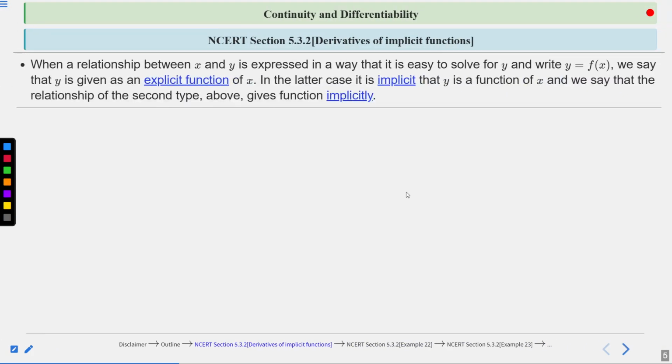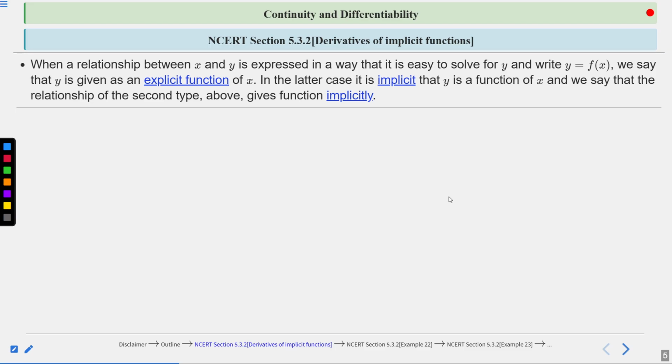So, when a relationship between x and y is expressed in a way that it is easy to solve for y and write y is equal to f(x), we say that y is given as an explicit function of x, right? For example, x minus y is equal to pi. In that case, we can easily write y in terms of x. So this is called the explicit function of x.